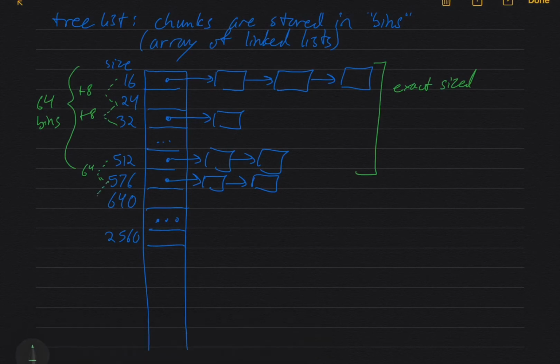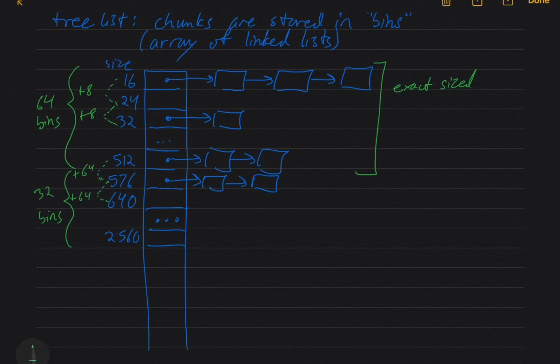So the difference between those bins is plus 64, and we have 32 of these bins, and I'll add the information about them being sorted bins after, but basically in the 576 bin you'll have chunks that are anywhere from, I guess, 512 plus 8, so 520 up to 576, and so on.